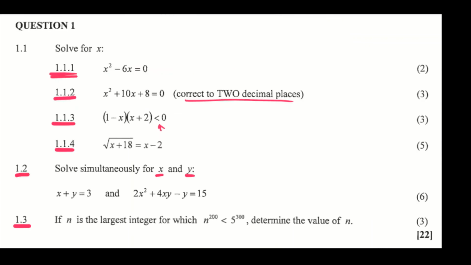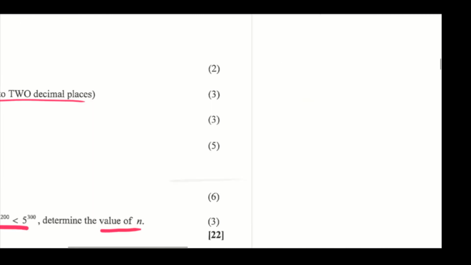Now we're going to do 1.3, and we are told that n is the largest integer for which n to the power of 200 is less than 5 to the power of 300. So we need to determine the value of n. So what we have here is n to the power of 200 less than 5 to the power of 300.